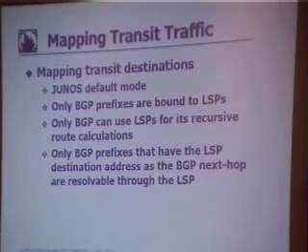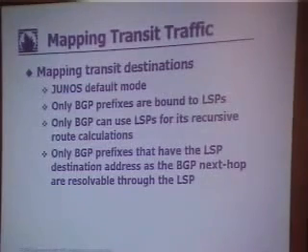The idea is you probably want to traffic engineer your transit traffic, so traffic coming in and leaving your AS. That traffic is usually forwarded based on a BGP route. So by default, we only bind BGP routes to LSPs. But we do have knobs to change that where you can bind every route, and we'll get into some examples about that. The point is you have some flexibility as to which routes you actually bind to these LSPs and which routes just follow the regular IGP path.